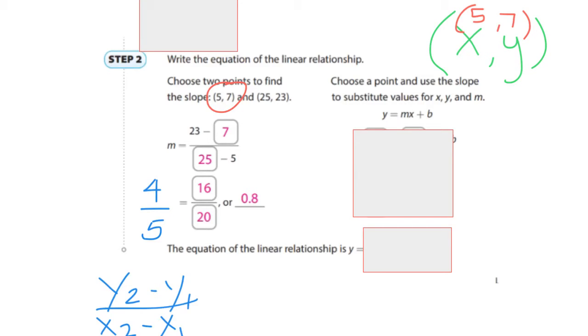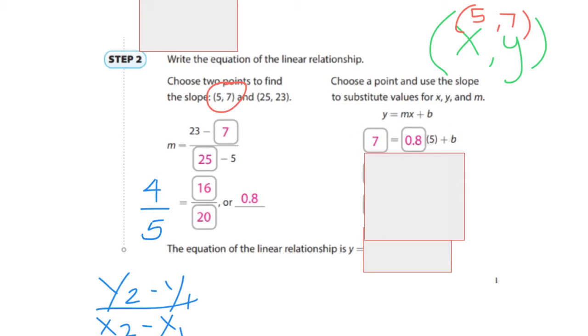So what they do is they substitute in the y as 7. For the slope, they used 8/10, and you could either use 16/20 or 4/5 if you want to multiply by a fraction. Their x was 5, and then they simplify the equation.